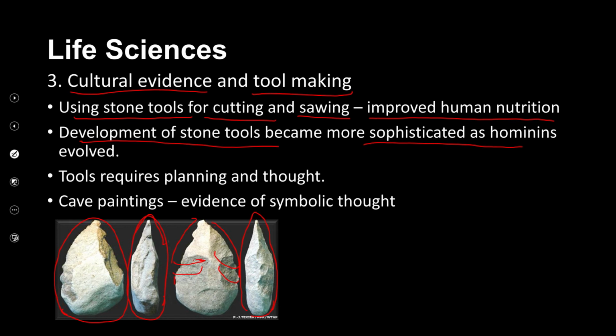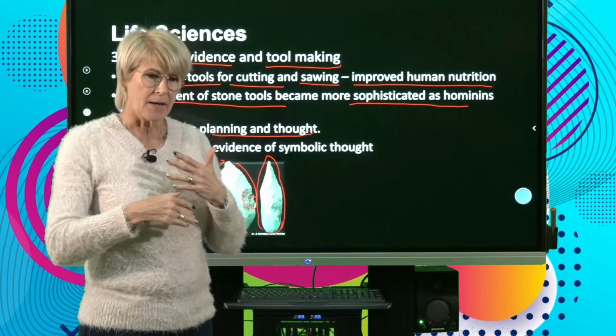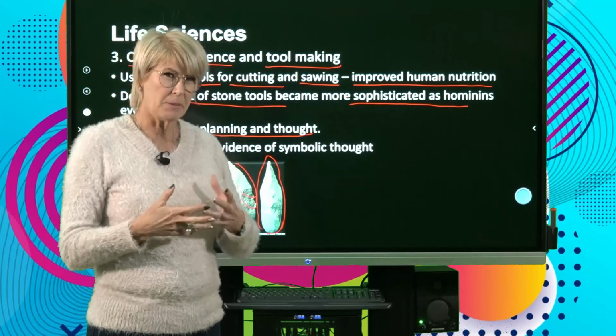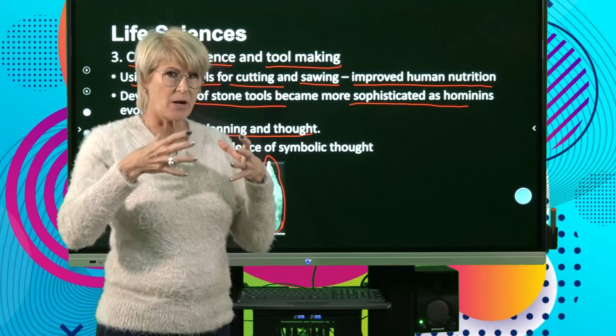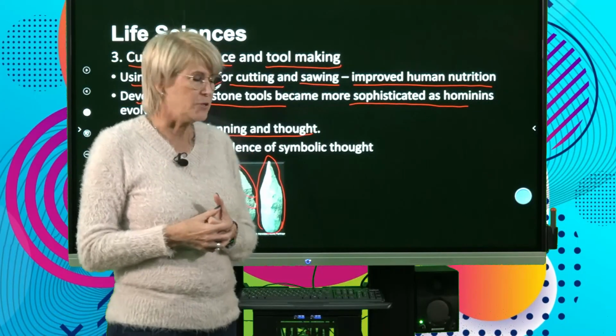All right, the reason why we look at tools is because we see that as they developed these tools, it required planning and thought. It means that humans' thought processing and the way they were planning was beginning to evolve, which is an indication that the brain capacity is increasing.